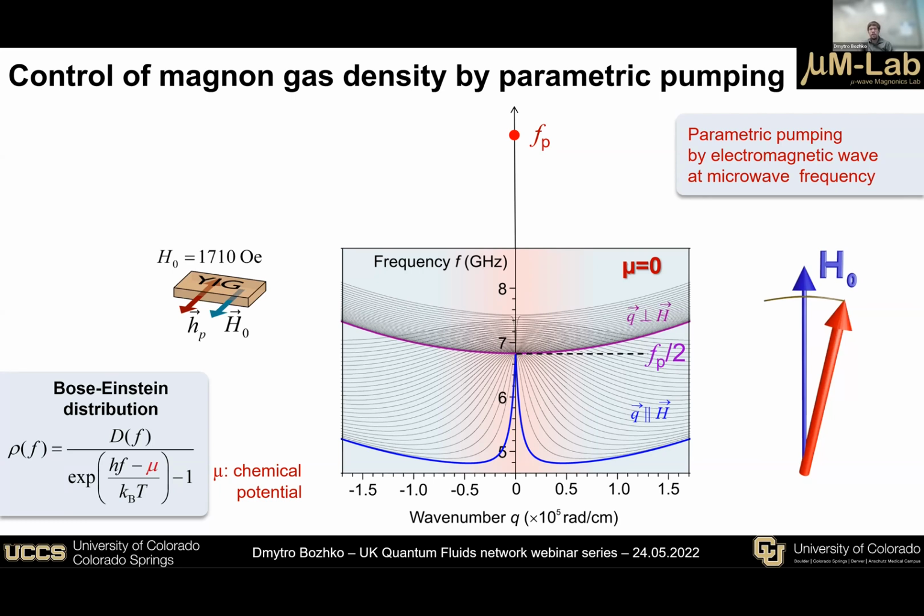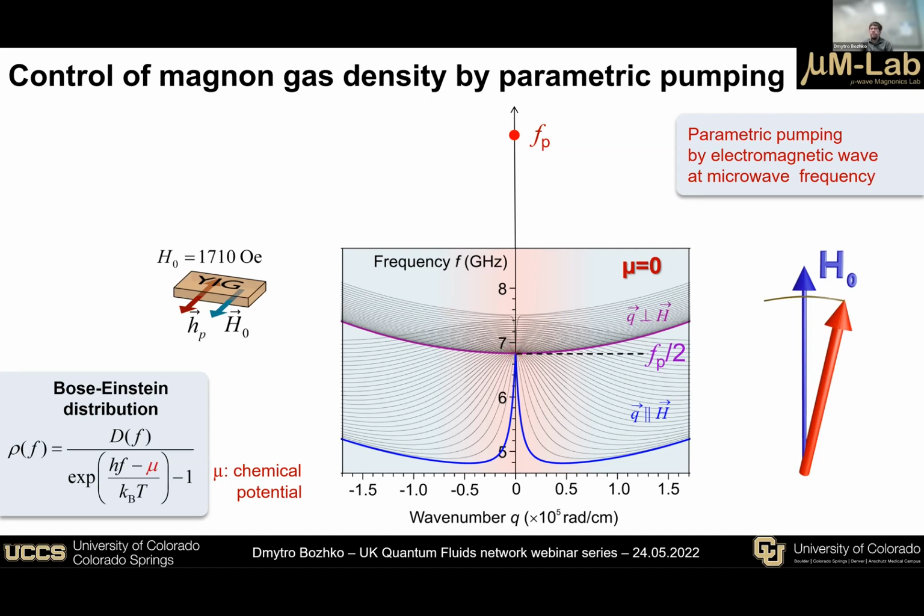In our system, we can do that in many ways. One of the most conventional ways is to use ferromagnetic resonance and drive the precession strongly, but that is associated with a lot of unnecessary heating due to the relaxation of magnons in the ferromagnetic state before they thermalize.